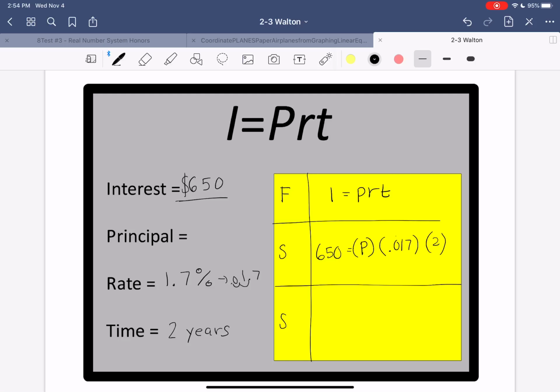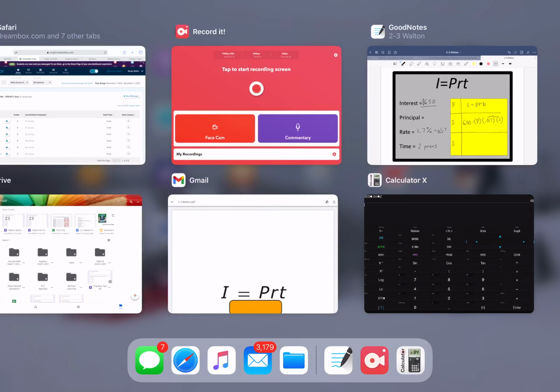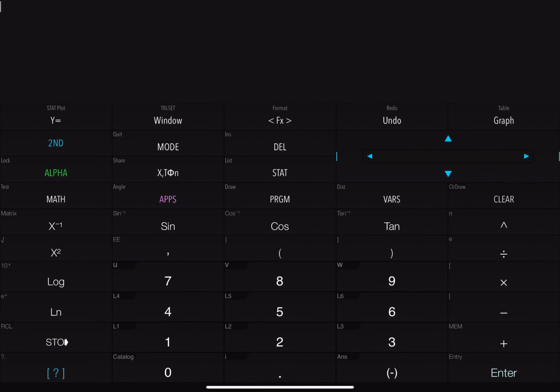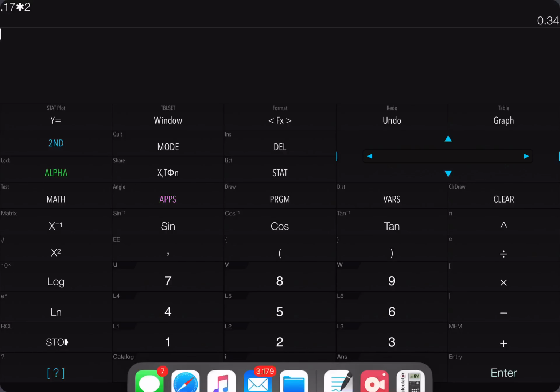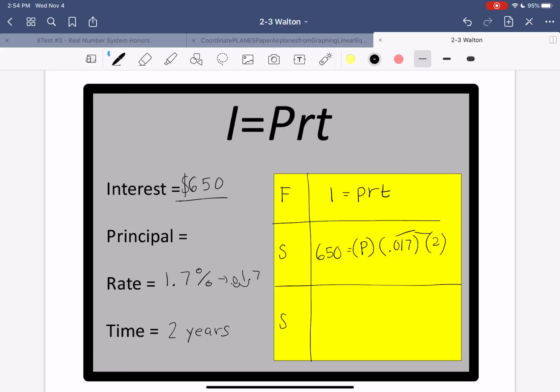All right, hopefully you came up with that we could multiply 0.17 times 2. So I'm going to pull my calculator up. 0.17 times 2. We're going to get 0.34. So now we have P times 0.34 equals 650.